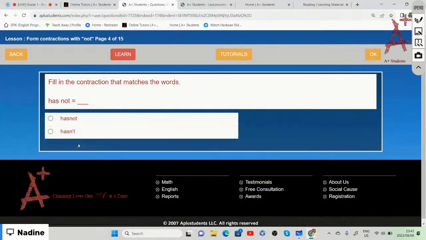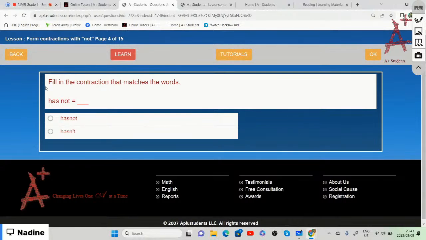All right, our last one has not. So we need to fill in the contraction of the words has not. Is it has not, which is just put together, or is it shortened by saying hasn't?